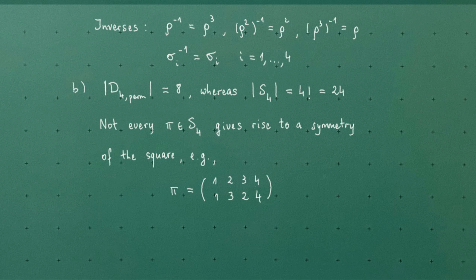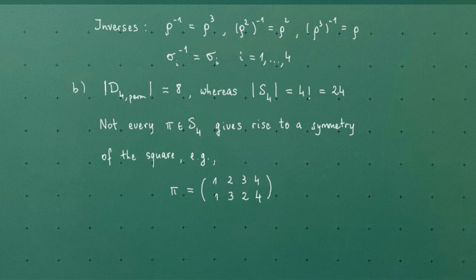So we get 4 times 3 times 2 times 1 possibilities, or for short 4 factorial, which is 24. So of course there cannot be a one-to-one or bijective correspondence between a set with 8 elements and a set with 24 elements. The geometric reason is that not every permutation gives rise to a symmetry of the square.